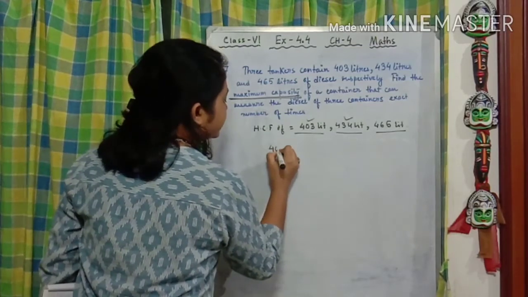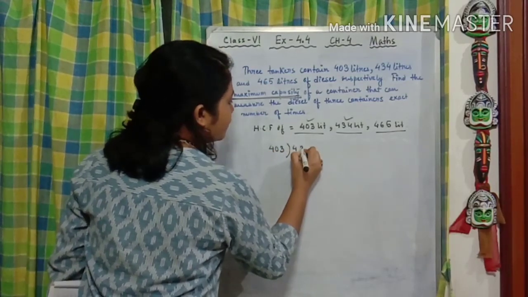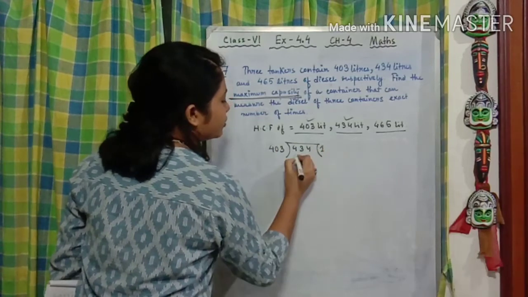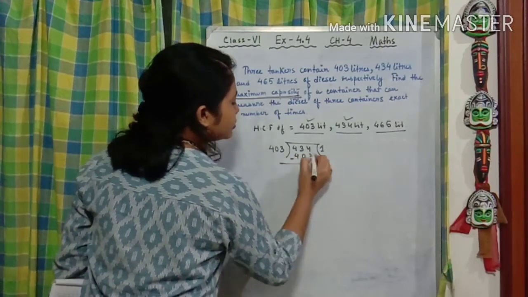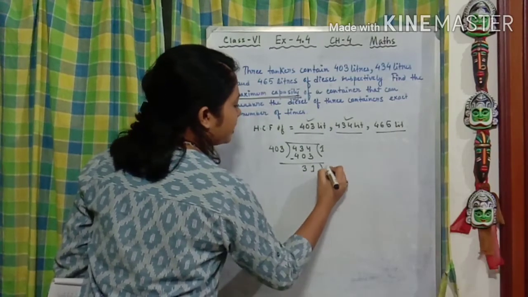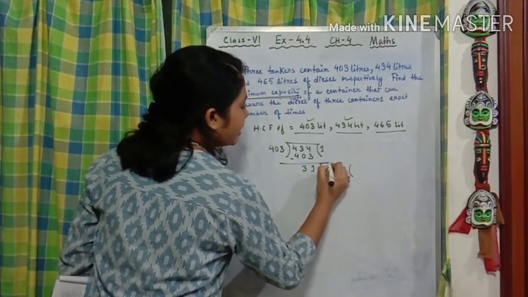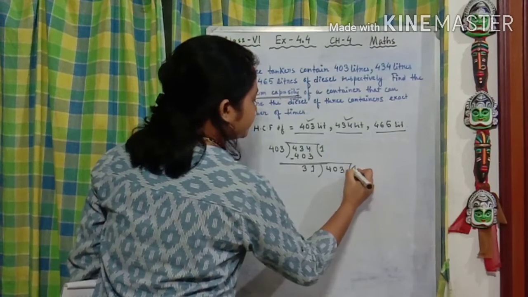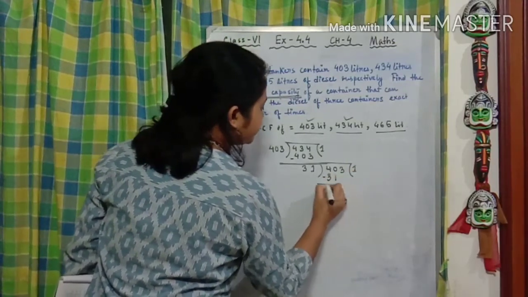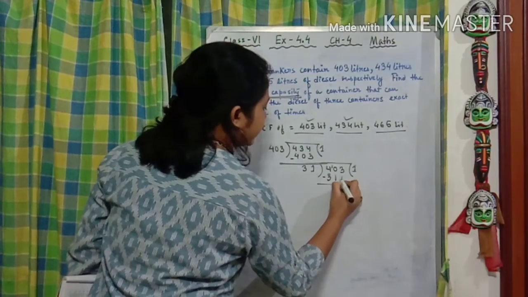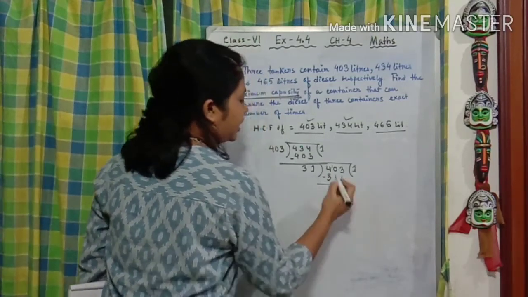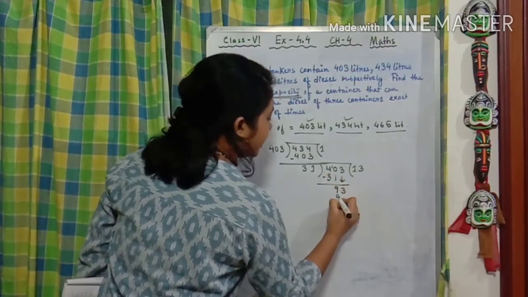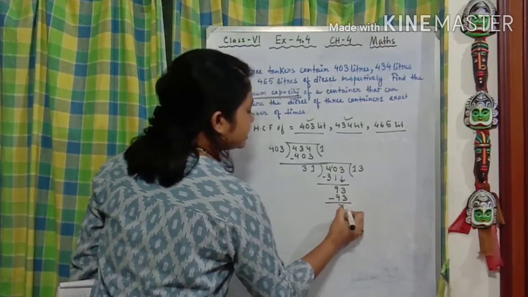Let's divide: 434 will be divided by 403. 403 ones are 403, and we subtract it. 31 is coming as the remainder, and 403 is now divided by 31. 31 ones are 31, and then 31 3s are 93, so this is cancelled out.